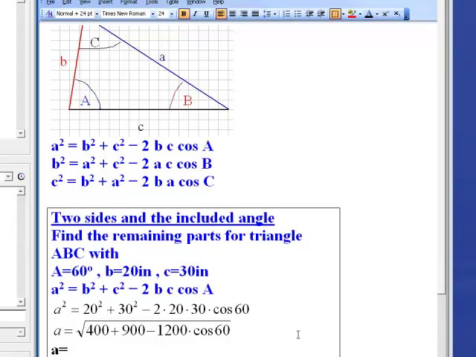So I'm going to do, let's see, square root of 20 squared plus 30 squared, everything in parentheses inside the square root, minus 2 times 20 times 30 times cosine 60. And if I didn't make a mistake, yep, sure enough, 26.5 inches. And it looks like we have 2 significant figures, so it should be 26 inches, the answer.